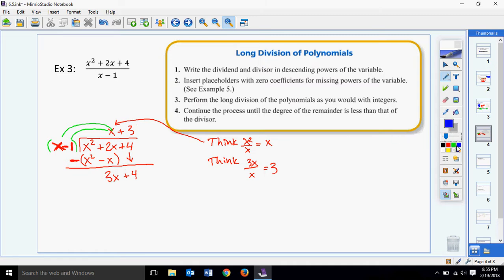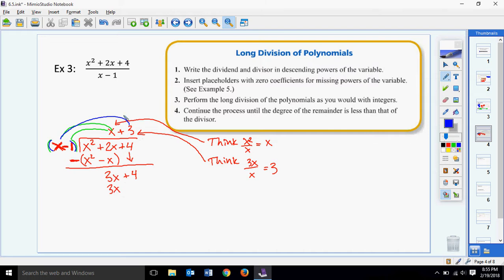So just like we did in green, the next step would be to multiply this 3 by the x minus 1. So 3 times x would give me 3x. This is good.